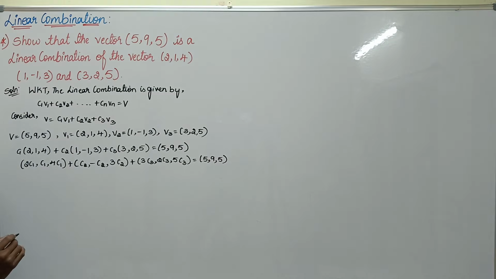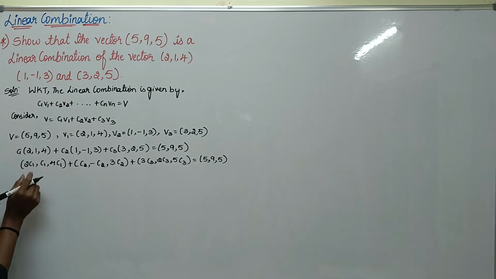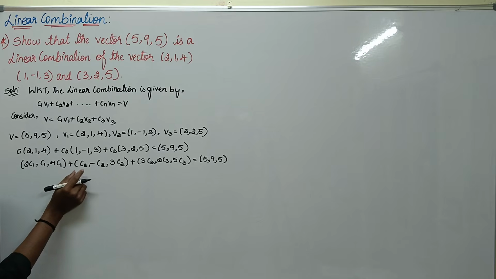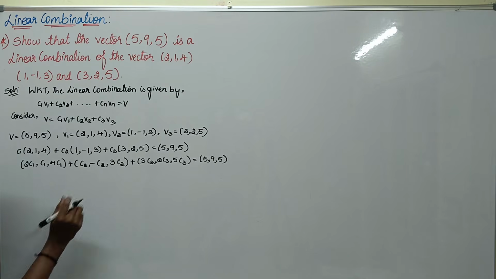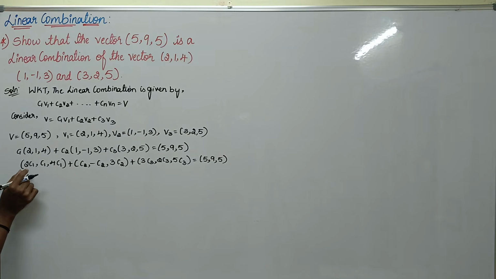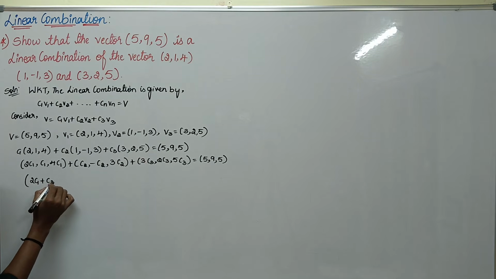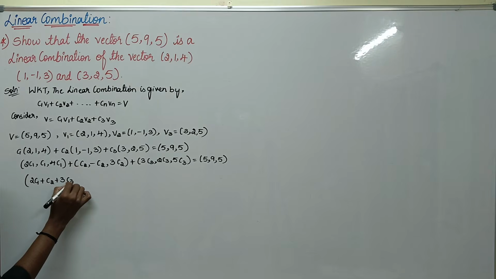Now, what am I going to do? I am going to convert this into three sets by adding term by term. First, let us add the first term: 2C1 plus C2 plus 3C3.